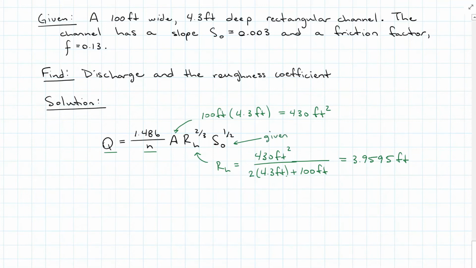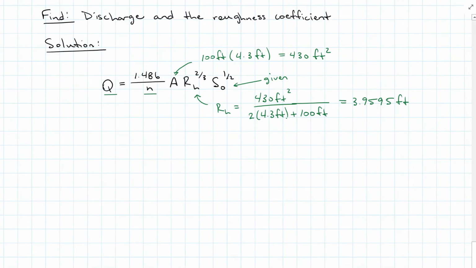And the slope we were given, so we're almost there, so we need Q. Remember, Q is equal to velocity times area for an incompressible fluid, that's what we're assuming here, it's water. And our velocity equation we talked about earlier is the square root of 8g all over the friction factor, hydraulic radius, slope.